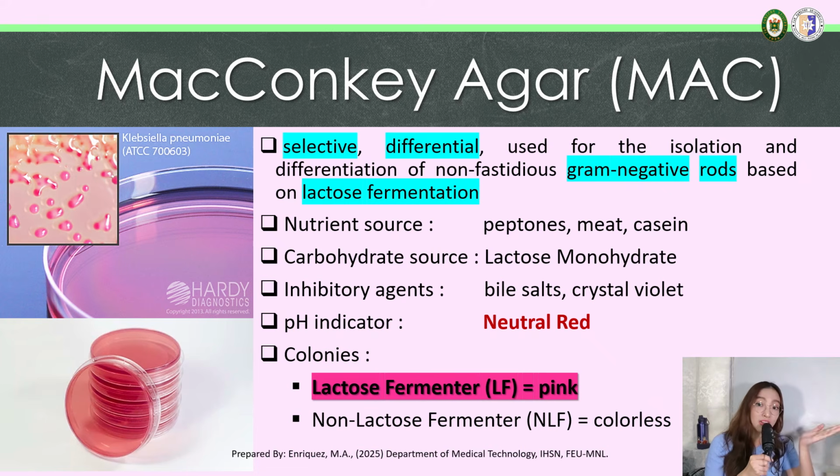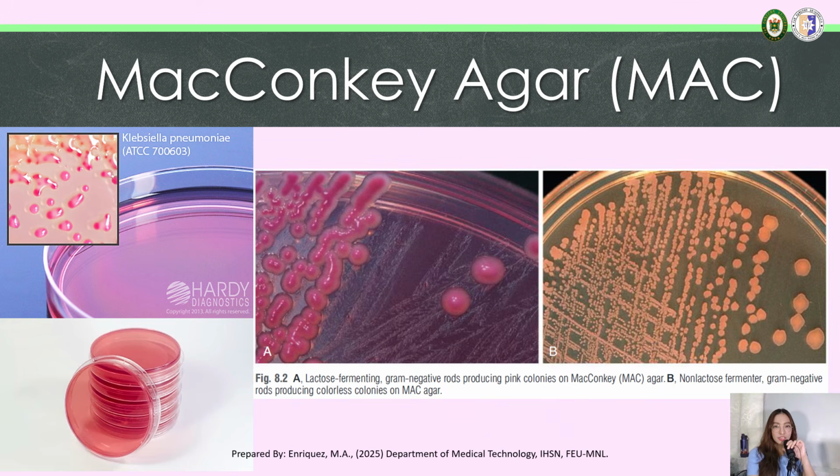Non-lactose fermenting, colorless colonies. All right, so that's for the McConkey agar. This slide shows as an example of a lactose fermenting bacteria that produced pink colonies, as we can see on figure A. And in figure B, this is what it looks like if the bacteria is non-lactose fermenting.